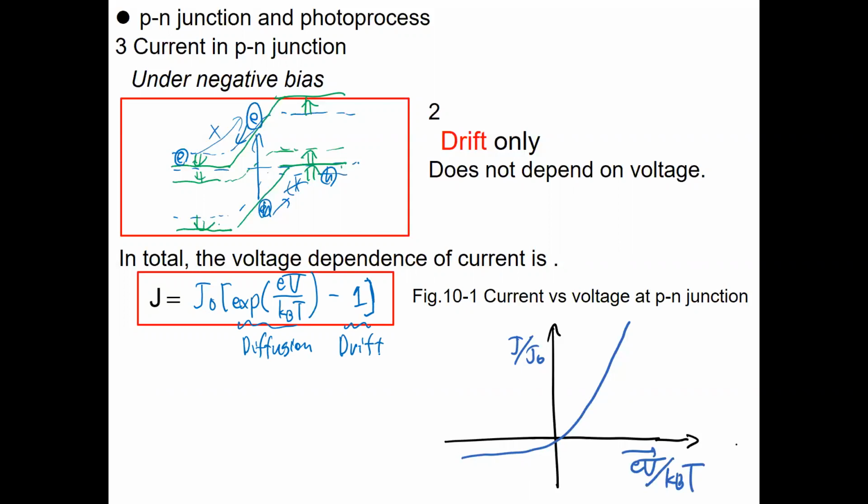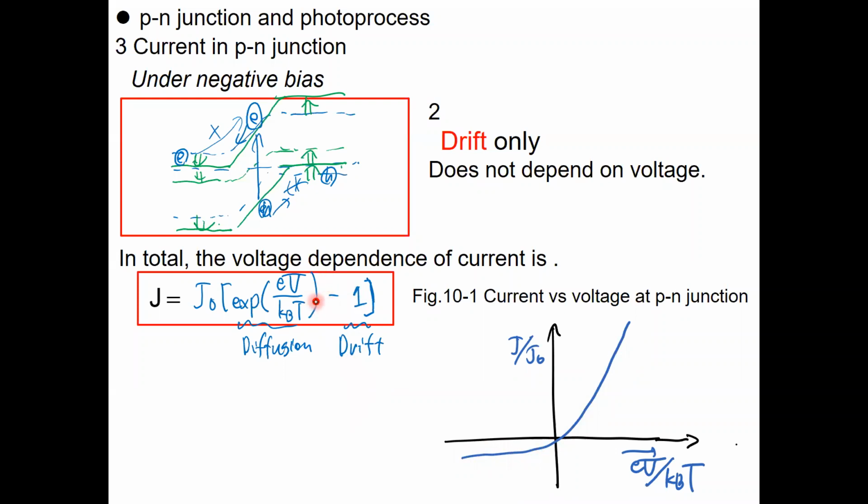So you could summarize the graph like this by applying the voltage. You could see exponentially increasing positive current. On the other hand, for the negative bias, there's a constant current, but with the opposite sign of the current. That's why you have a minus here.